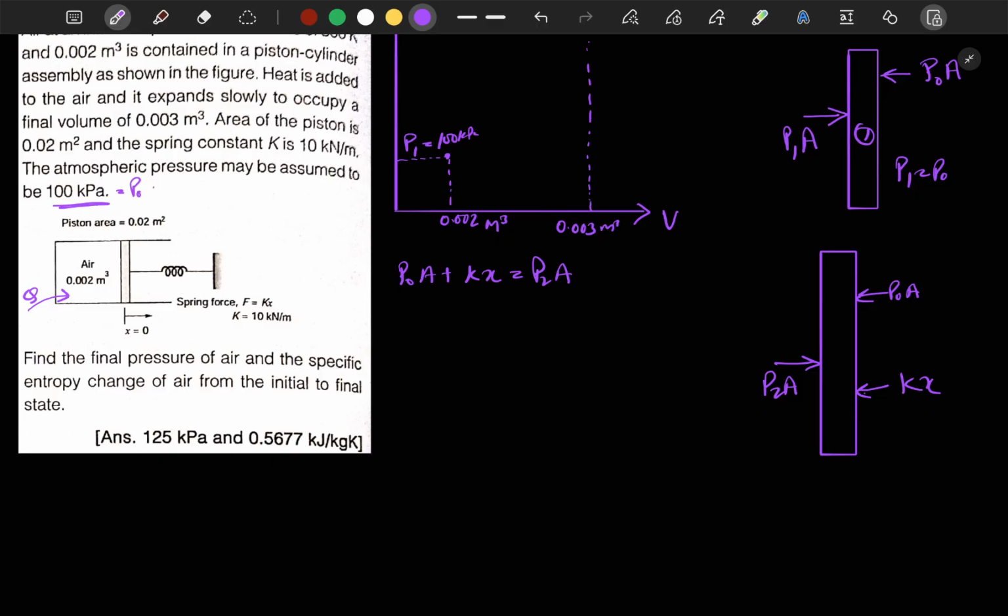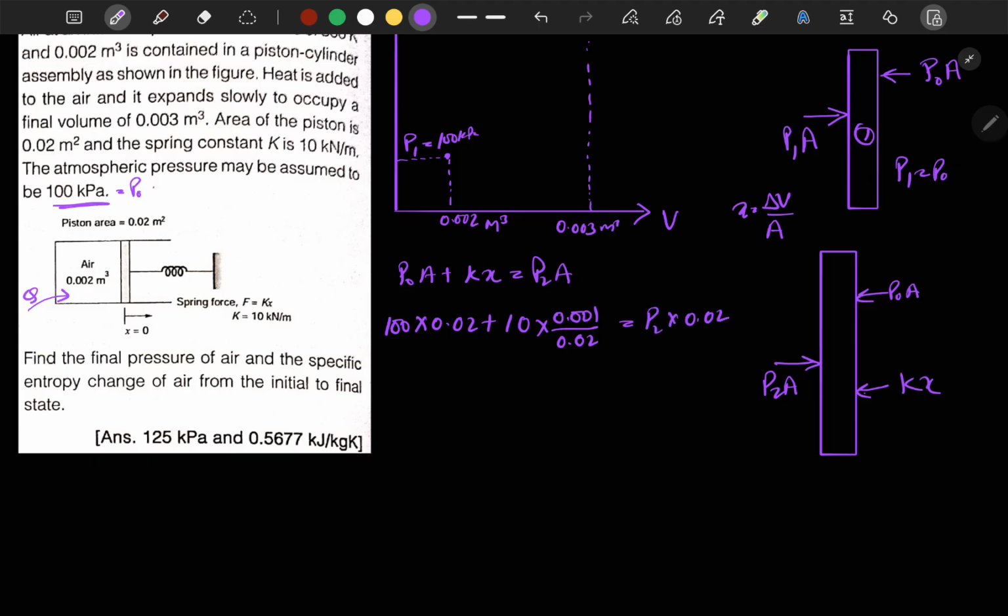Now P node is 100, A is 0.02, and K is 10 kilonewton per meter. X is equal to delta V upon A, so delta V is 0.001 upon A, which is 0.02. So 0.02 is equal to P2 into 0.02.